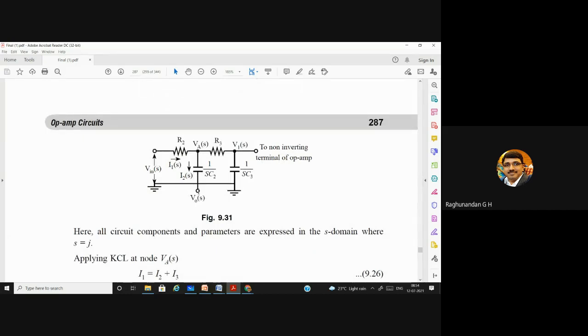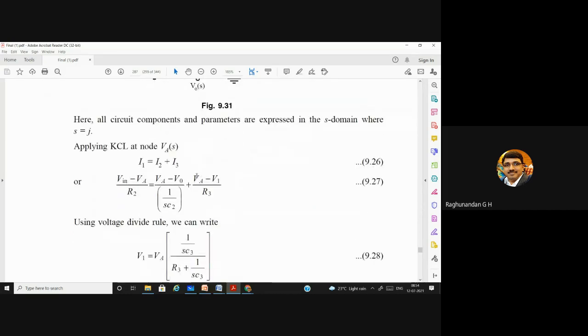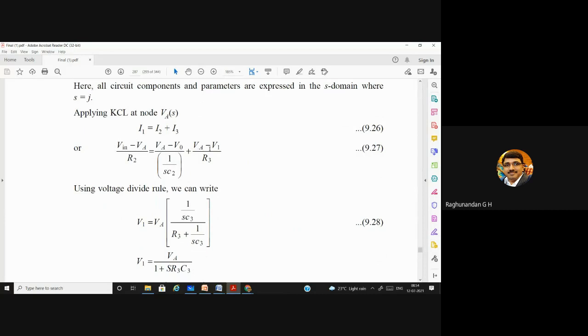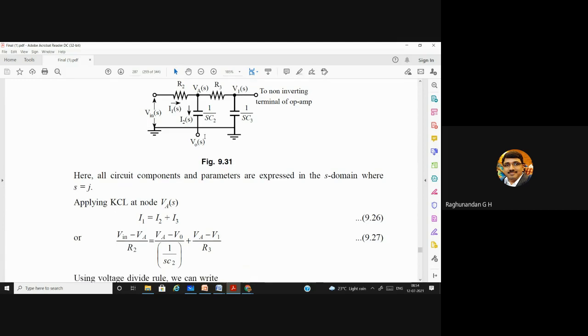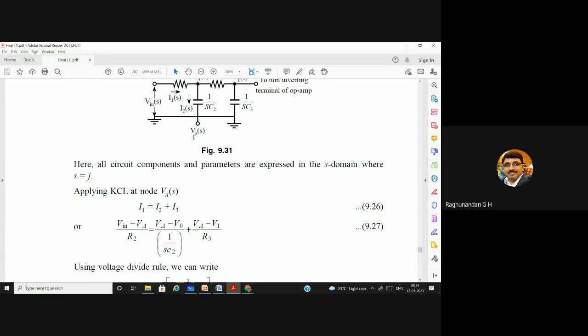Then, plus VA minus V1: the potential difference across R3 is VA minus V1 and the current through R3 is I3, so we write VA minus V1 by R3. The voltage at this point is V1 and at this point is VA.